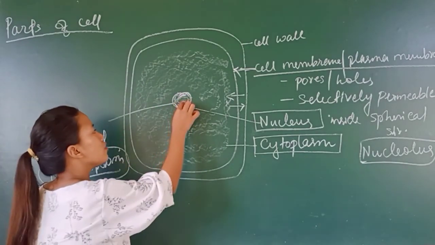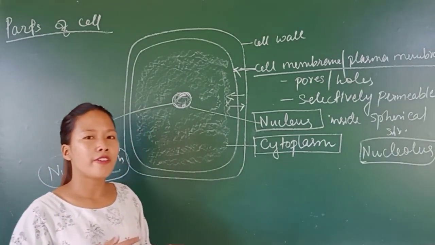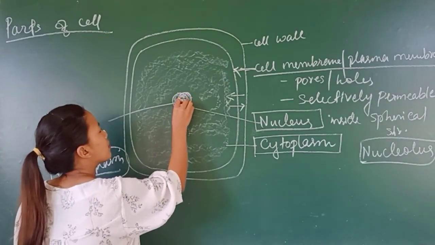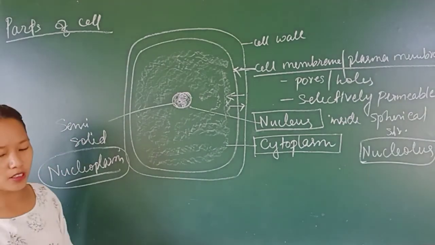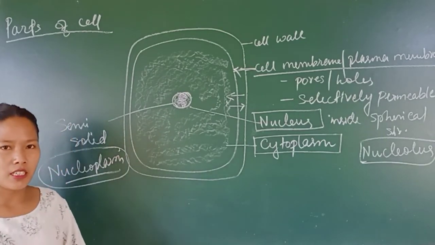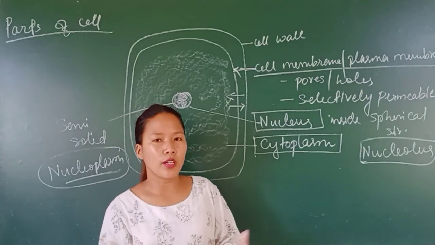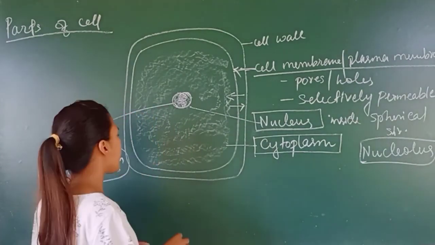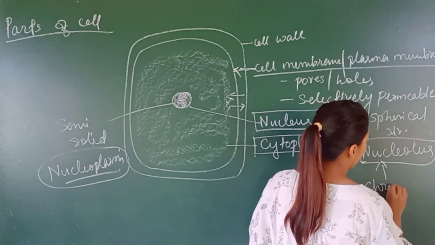This nucleolus contains a network of fibrous substances. You will have lots of fibrous material present inside it. These fibrous materials are called chromatin. When chromatin becomes organized, it forms chromosomes.